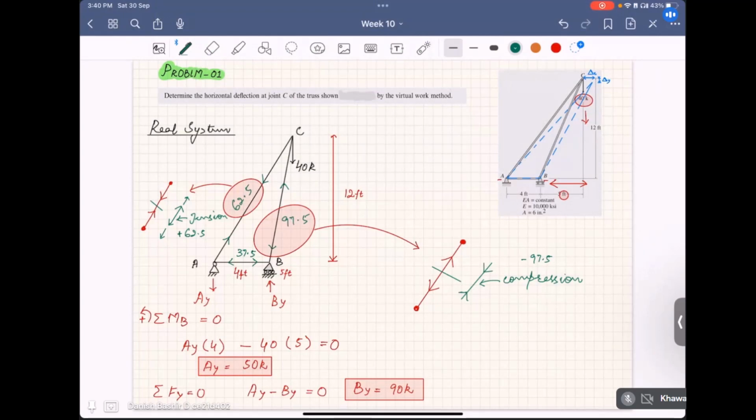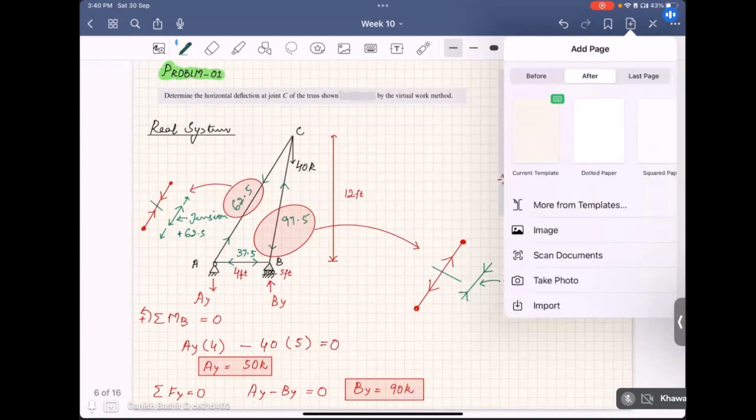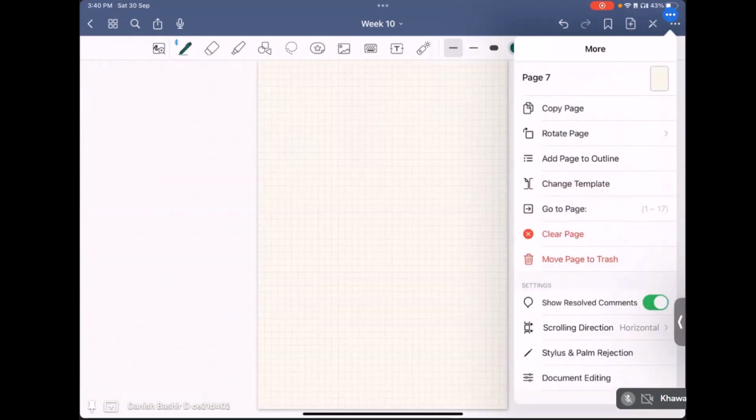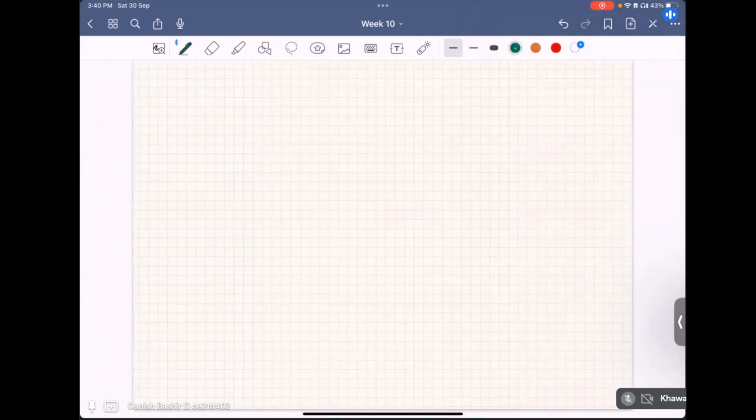So this is our real system of forces, we computed it. So very quickly we will draw our virtual system of forces. So virtual system of forces is again the same truss. But what we have to do in the virtual system of forces is remove the external loading.